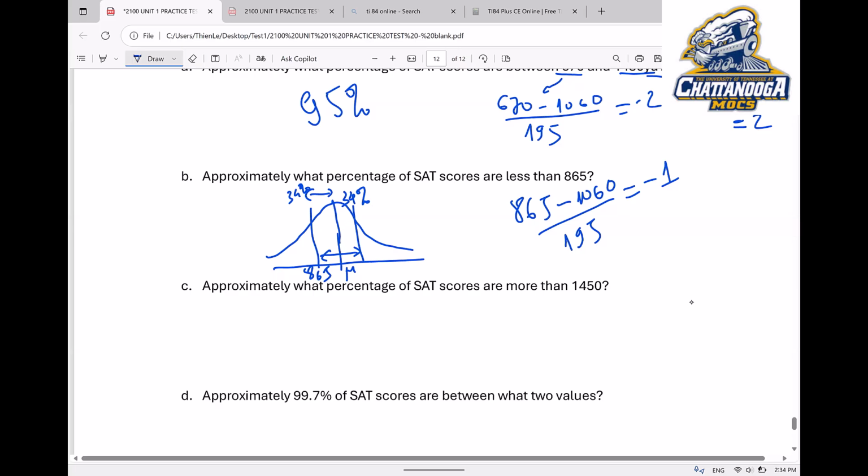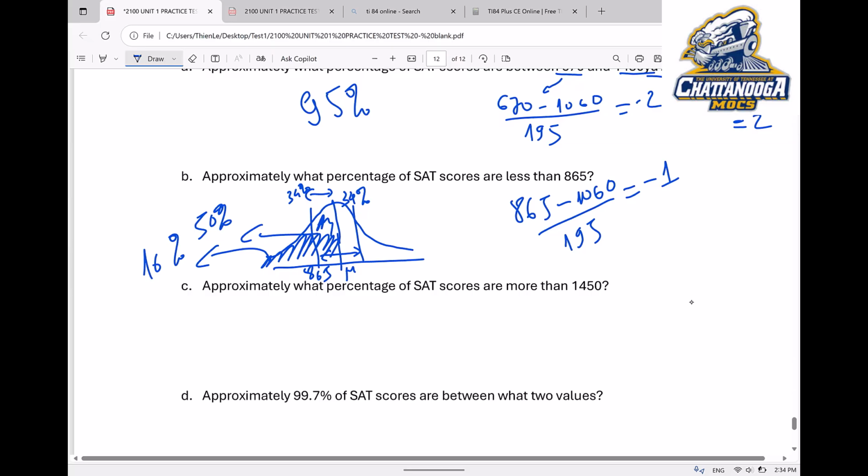So below 865, you have only 16%. 16 and 34 add up to 50%.